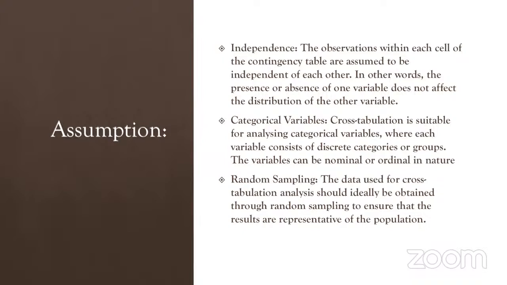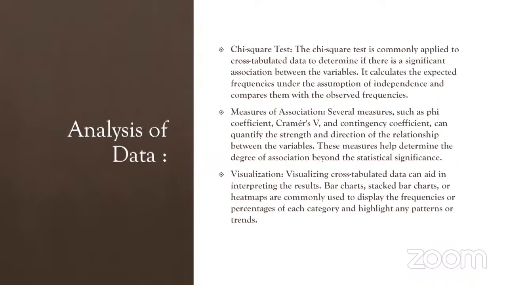Okay, so 1, 2, 3, 4, 5, again 1, 2, 3, 4, 5. And both variables are nominal and ordinal in nature. And definitely these data we collected following the random sampling procedure. Next. So I have shown you the chi-square test.